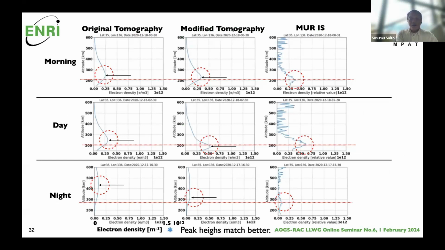And the middle column shows the modified tomography. And we see that the ionosphere peak height was reduced from the original tomography and closer to the incoherent scatter measurement result.